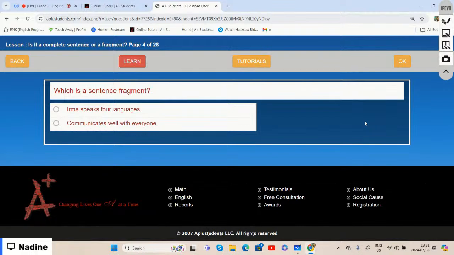So Irma speaks four languages or communicates well with everyone. Our sentence fragment.